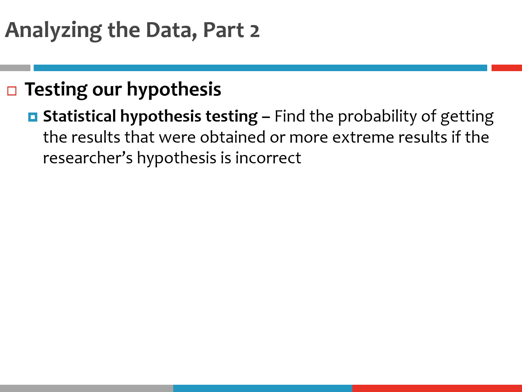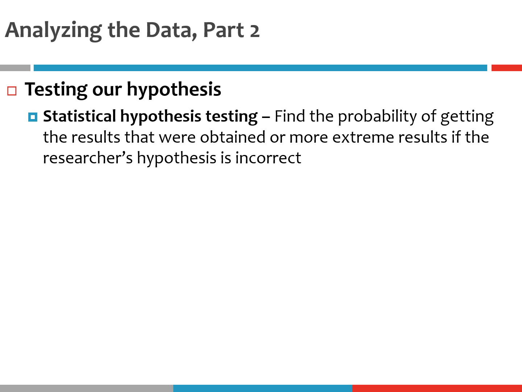So this comes in the form of the p-value or the probability value. The p-value that you get from a statistical program, which I run all the time, is the probability of getting the result that you got or a more extreme result by chance alone.